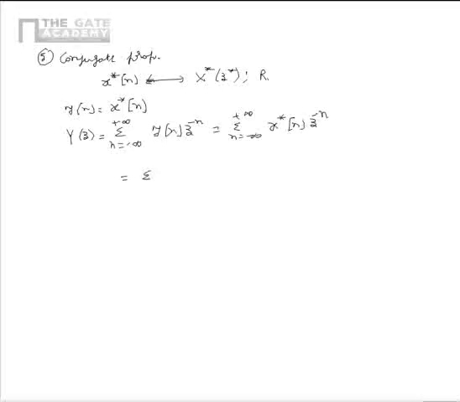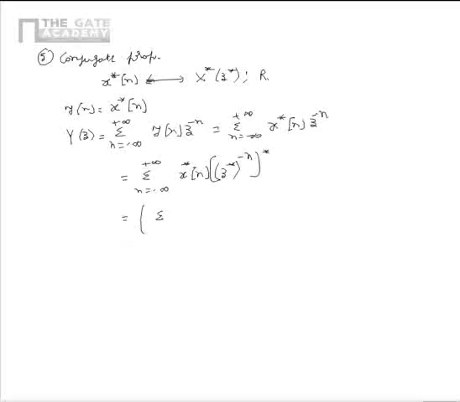This can also be simplified as sigma n equal to minus infinity to plus infinity x star of n and z star of minus n whole star. This is because the double conjugation implies the z itself.